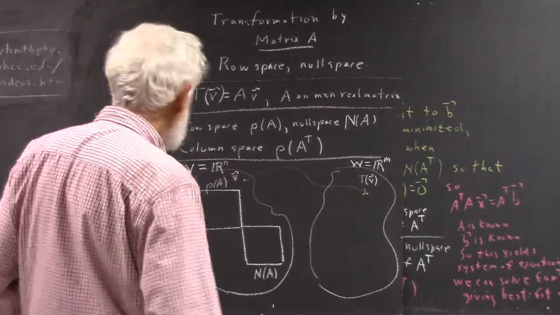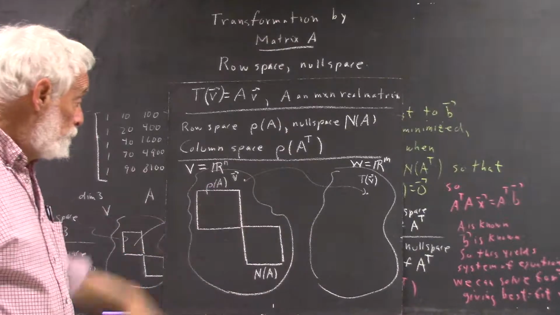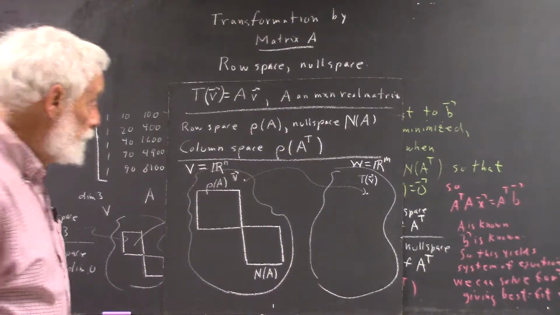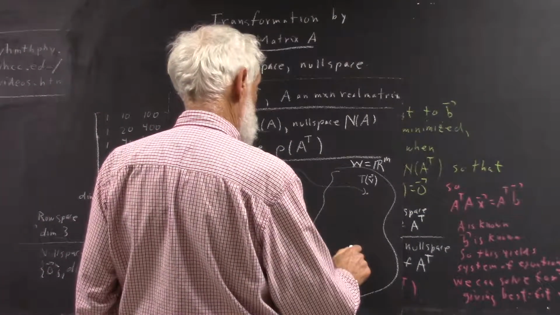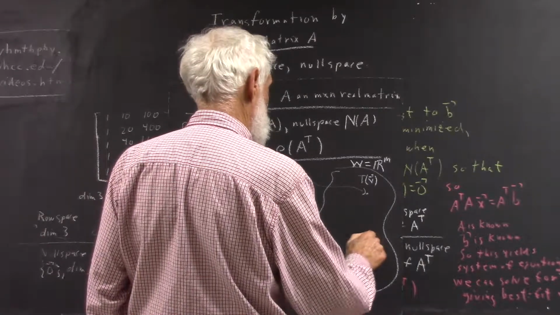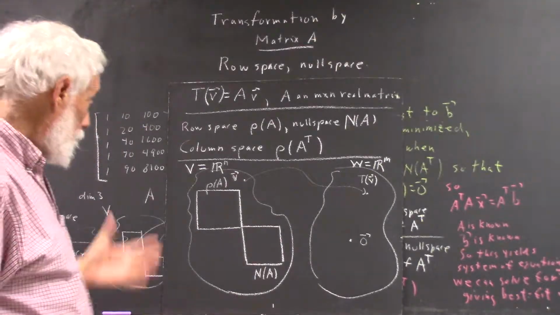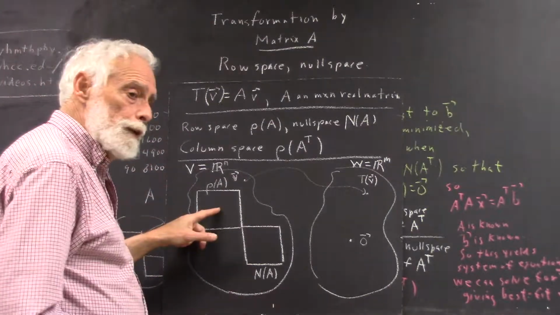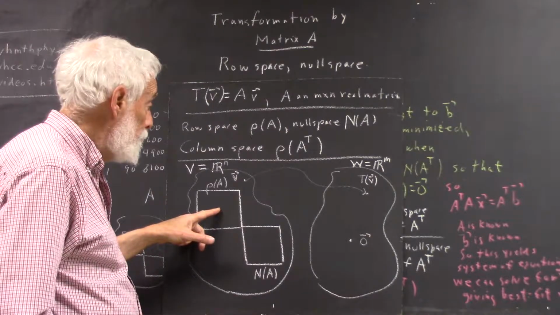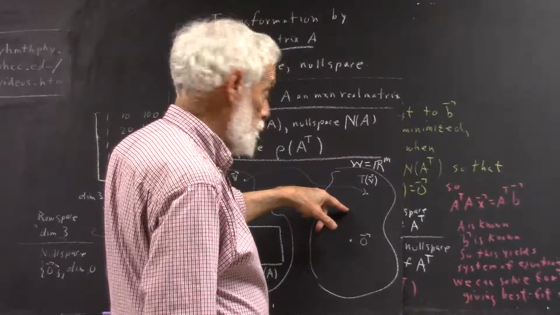Now, all the vectors in the null space map onto the zero vector over here in Rm. And all the vectors in the row space map somewhere else in Rm.